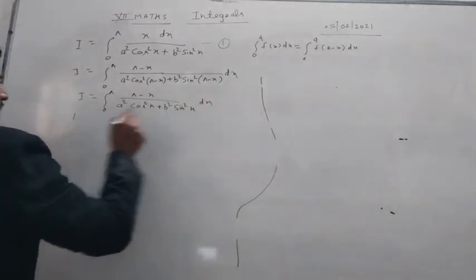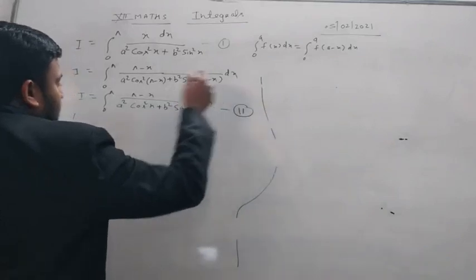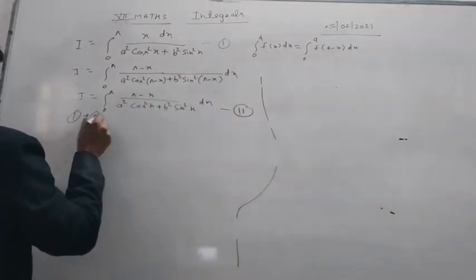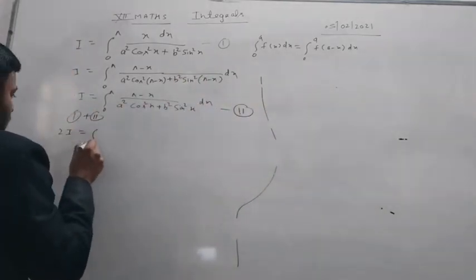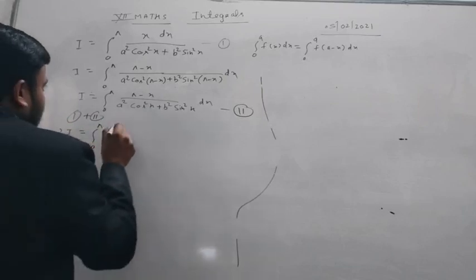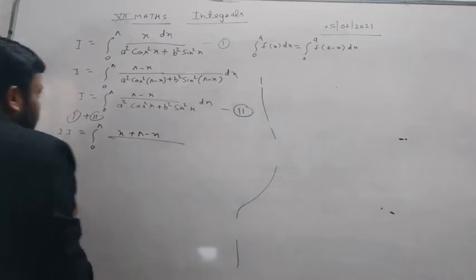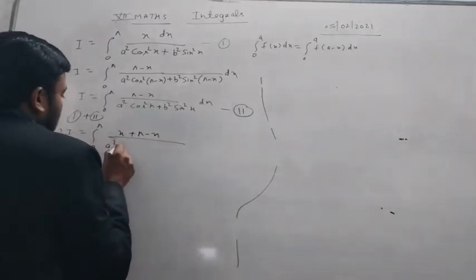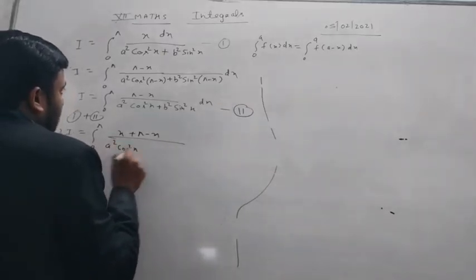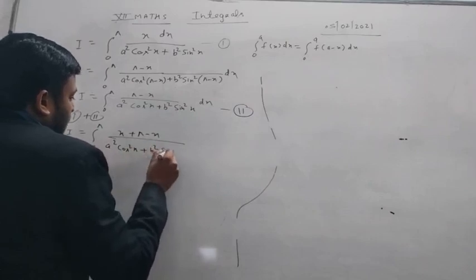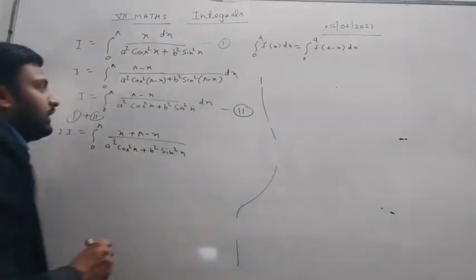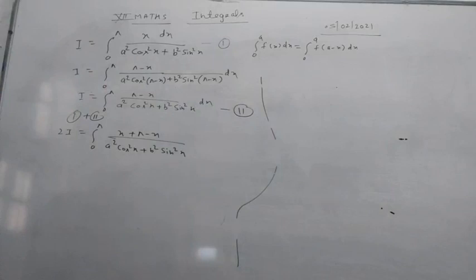So students, when we add the second and the first, we get 2I is equal to integral from 0 to pi, and adding this we get x plus pi minus x by a square cos square x plus b square sin square x, because the denominator of both equations is the same, so we can write this.